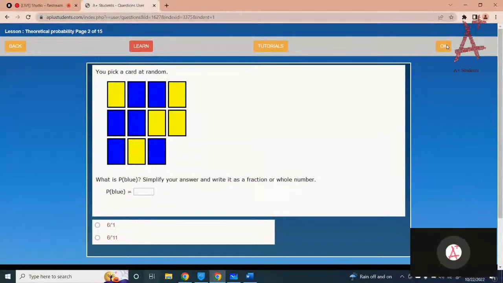And the total number of cards are, they are 11. Yes, you have the total 11. That means the probability of getting blue is 6 out of 11. Got it? You have 6 chances that you get a blue out of the 11. Got it? So it is 6 over 11. Got it?